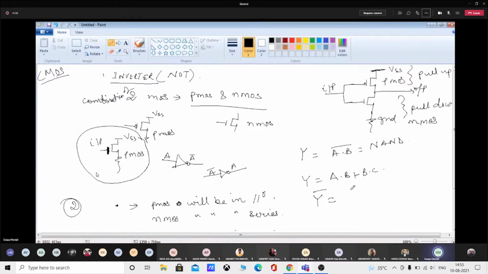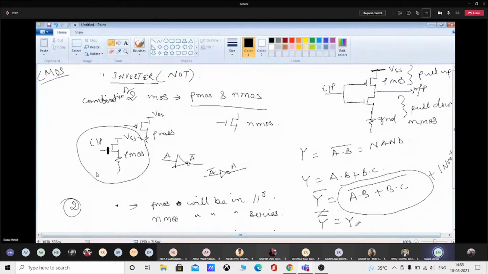That means Y bar will become A dot B plus B dot C whole bar, and then with this you again put an inverter. That means it will become Y bar bar. So bar bar will cancel out, you will get Y.